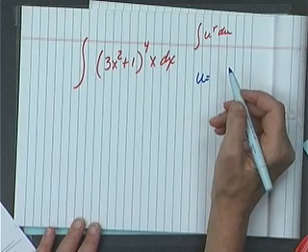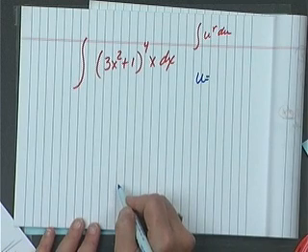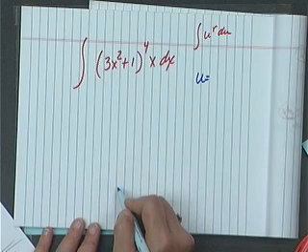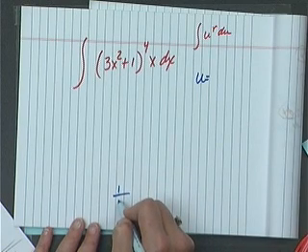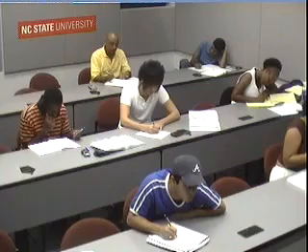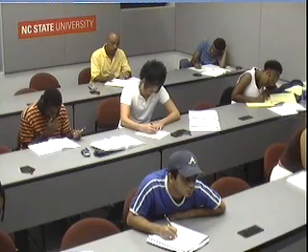Did you get it? What'd you get? One over 30 times 1 over what? 30? Yes. Over the power u to the power 5.